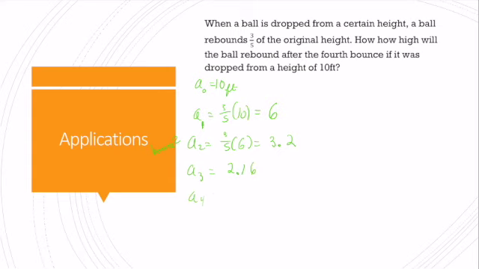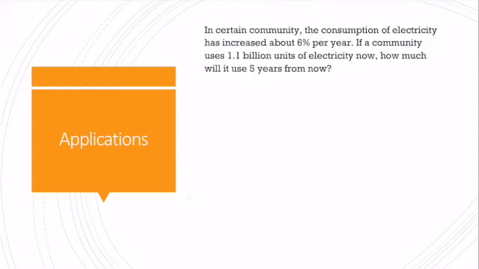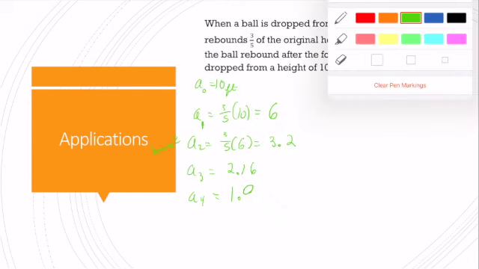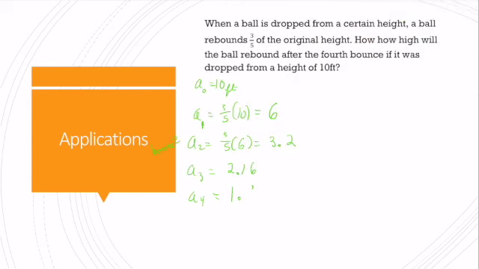And for my fourth bounce, I'm going to get 1.296. That doesn't look like a 3. I should probably fix that. Oops. So, how high will the ball rebound at the fourth bounce if it was dropped from a height of 10 feet? It's going to be 1.3 feet.